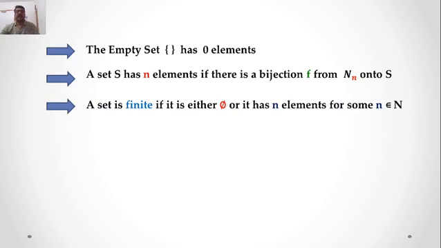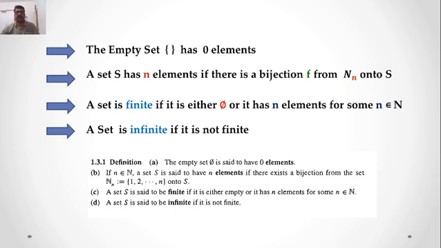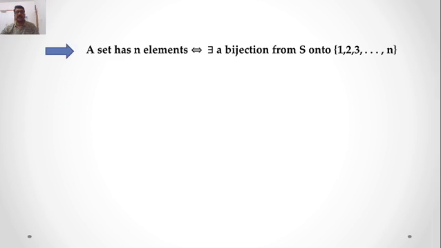A set is finite if it is either empty or it has n elements for some n in N. A set is infinite if it is not finite. Now some properties.